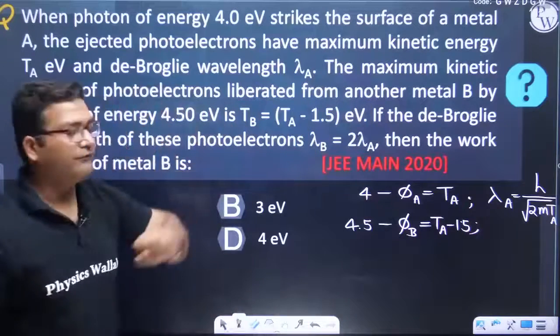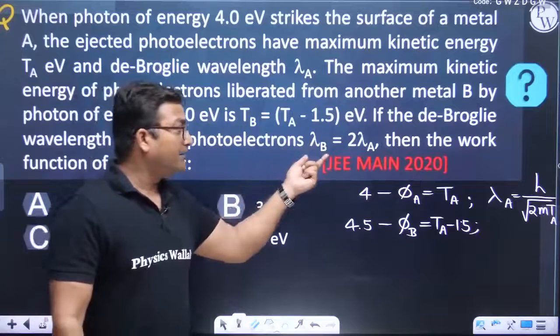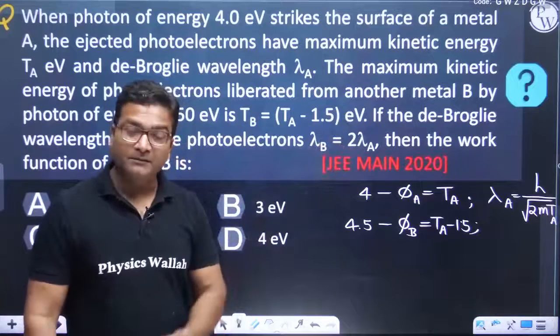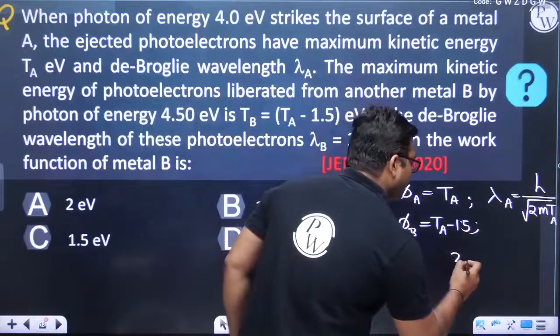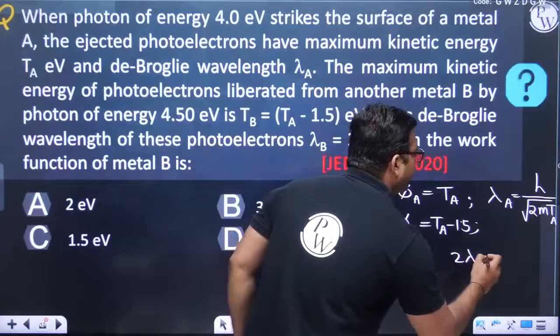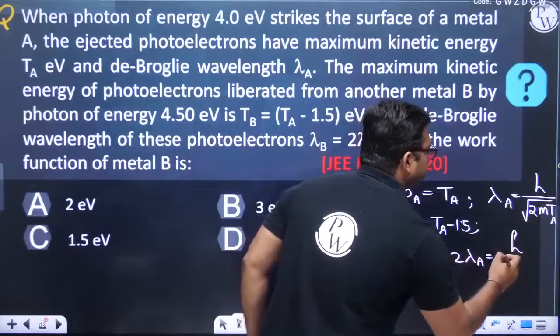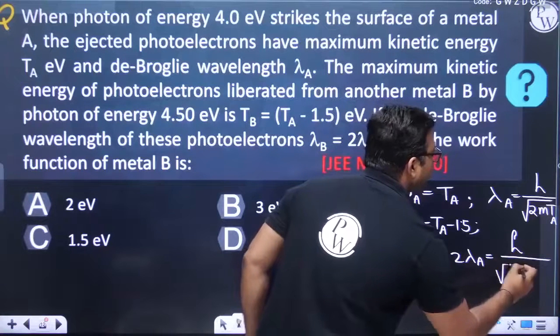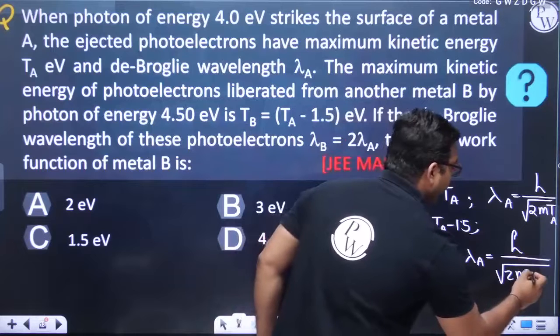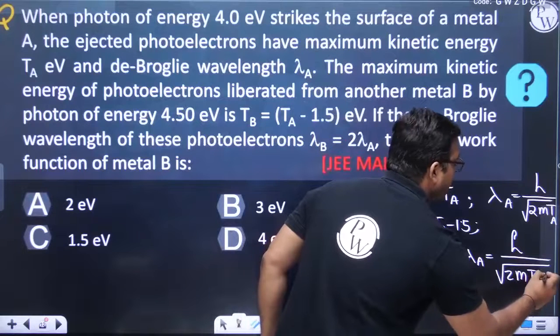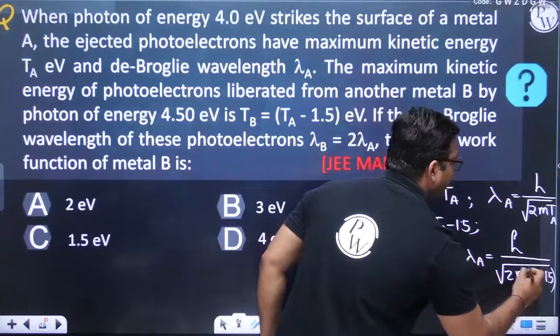And the new de Broglie wavelength is lambda B, which is twice lambda A. Remember, it is twice lambda A. So I can write 2 lambda A equals h divided by the square root of 2m TB, and TB can be written as TA minus 1.5. That's the equation.